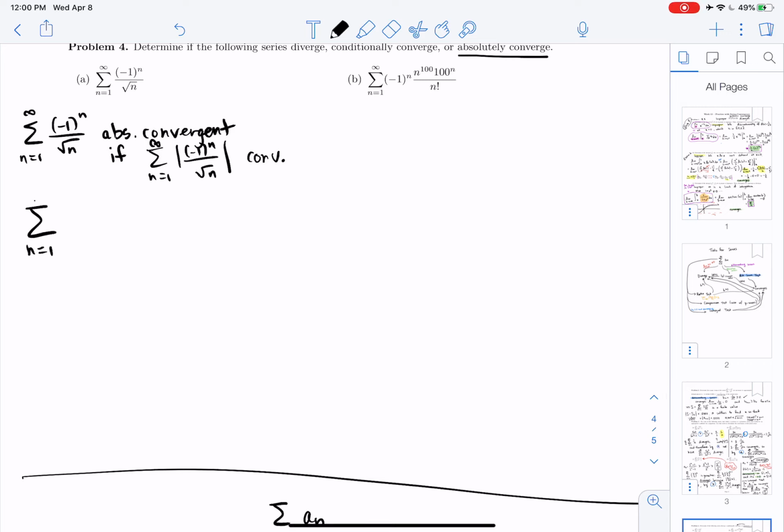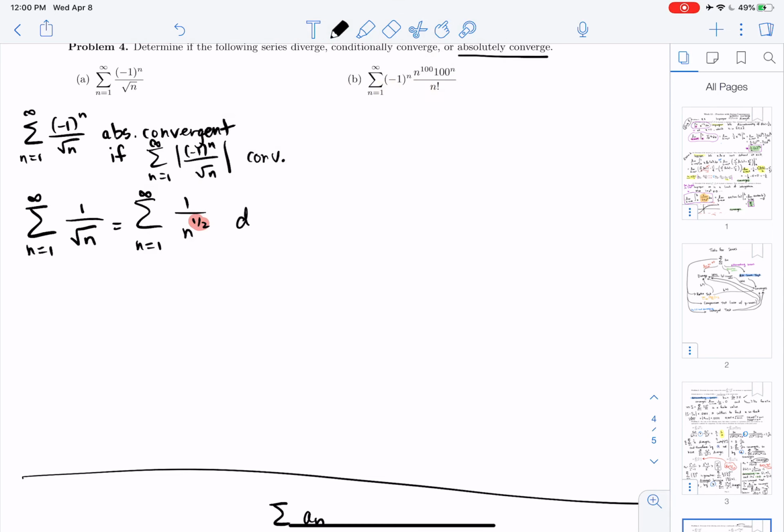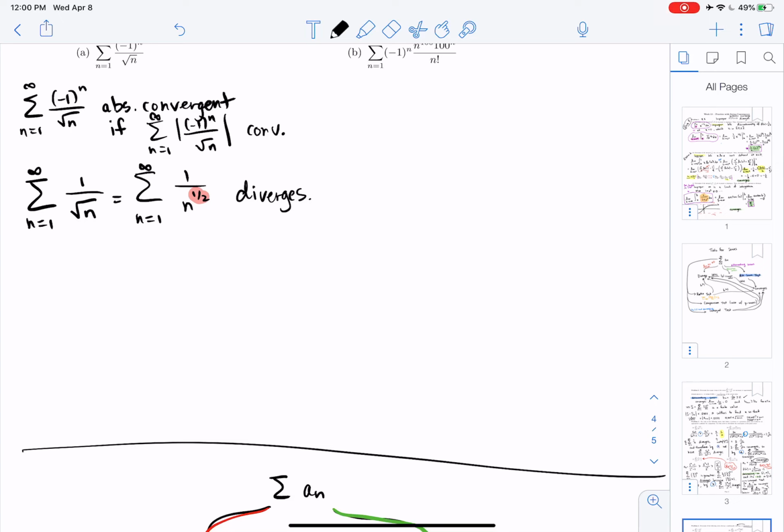If I take the absolute value of the numerator, I just get a 1, because negative 1 to the n is positive 1 with an absolute value, and root n is always positive. Well, this is a p-series, and the power of n in the denominator is 1/2. So this diverges. Because this series diverges, the original one is not absolutely convergent. It could still be conditionally convergent, and that's what we need to check.